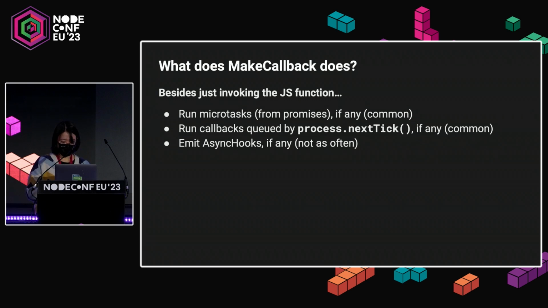What does it do? Besides just invoking the JavaScript function, it also runs microtasks coming from the promises, if there are any, which is pretty common. And then it runs the callbacks queued by process.nextTick, which is also fairly common. And if there are any async hooks configured, these need to be emitted to the JavaScript land too.